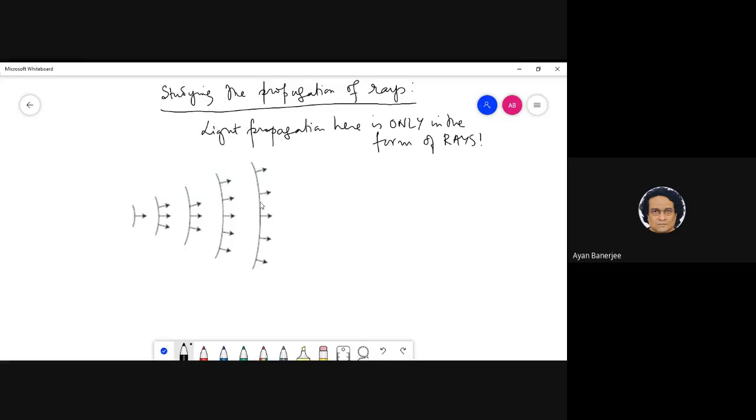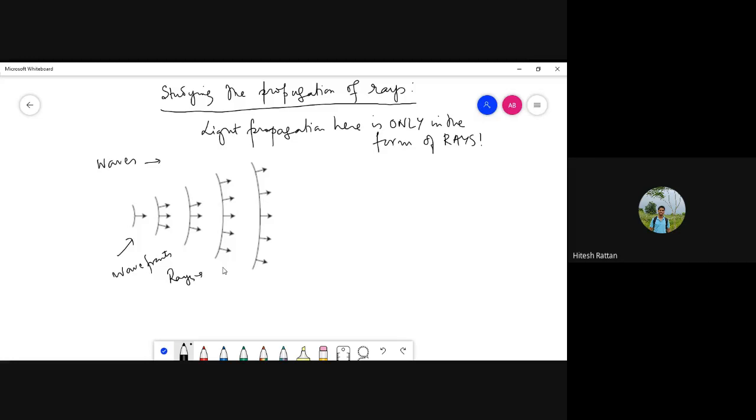I have a series of wavelets going like that, waves traveling in this direction. These are all wavefronts. What I am defining as rays is the normal to one point on the wavefront. These are my rays.